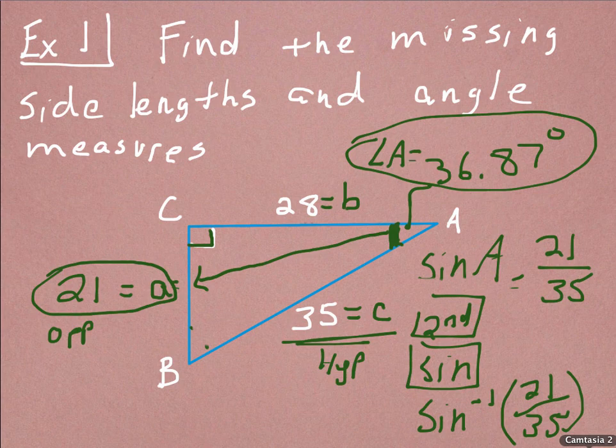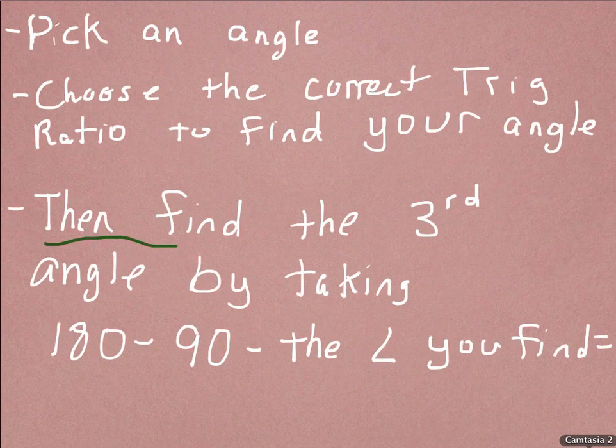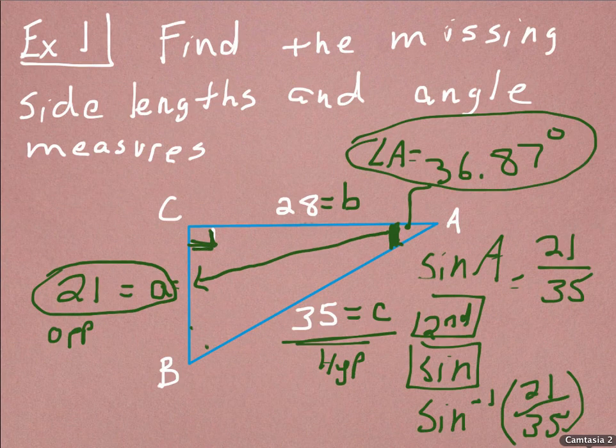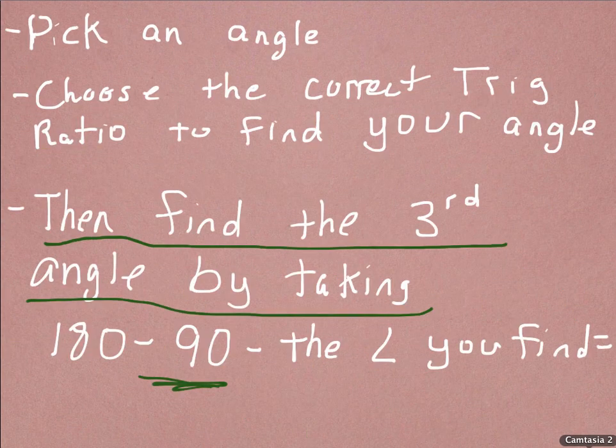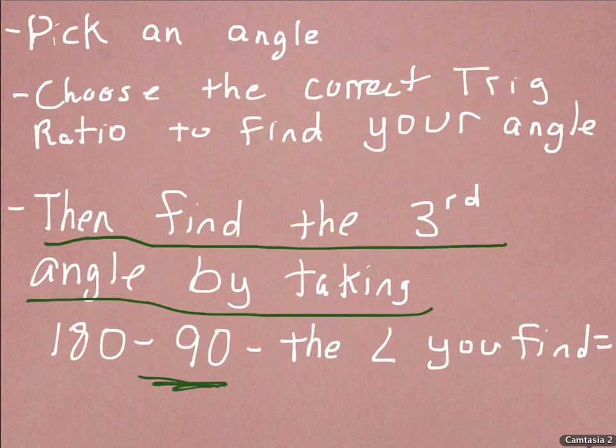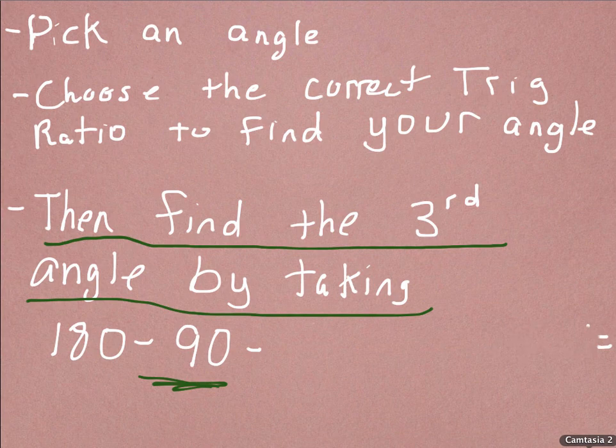Now, I got angle A. Now I can find angle B by doing this. Find the third angle by taking 180 minus 90. Now, why am I saying minus 90 here? Well, what kind of triangle are we dealing with? A right triangle. So I'm going to subtract that angle. And then the angle you find, we just found another angle in that triangle. Well, what was its measure? 36.87. What I'm going to do is plug 36.87 here and go ahead and subtract.